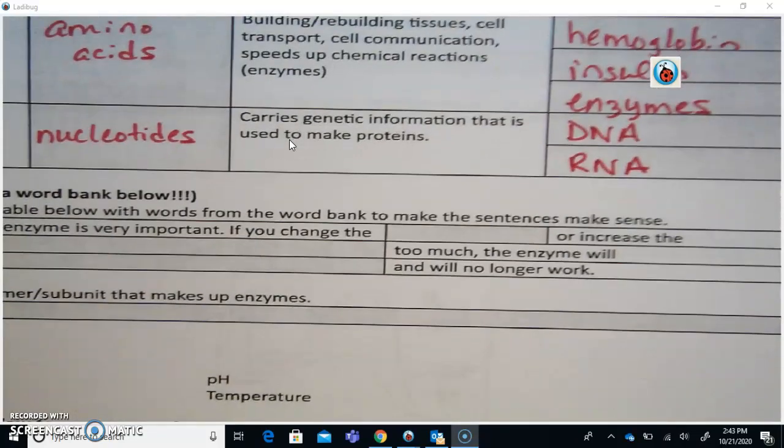So a little bit on enzymes. Number 17, fill in the table below with words from the word bank to make the sentence make sense. So the shape of an enzyme is very important. If you change the blank or increase the blank too much, the enzyme will blank and will no longer work. So again, the shape of the enzyme is very important.